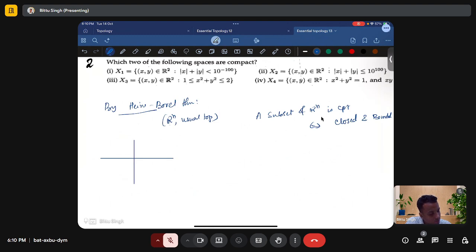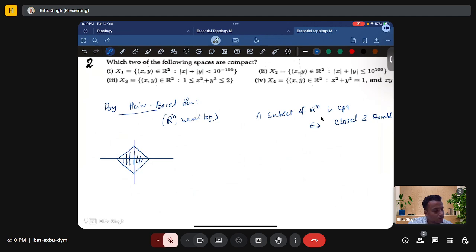Mod x plus mod y is less than something, and since there is a mod, there will be 4 lines, and this is the region.